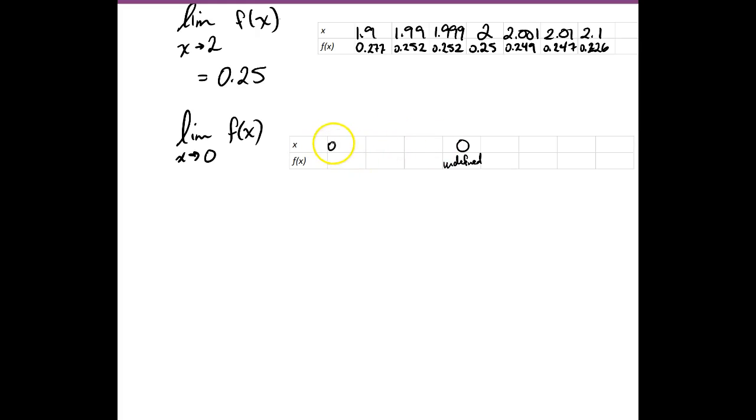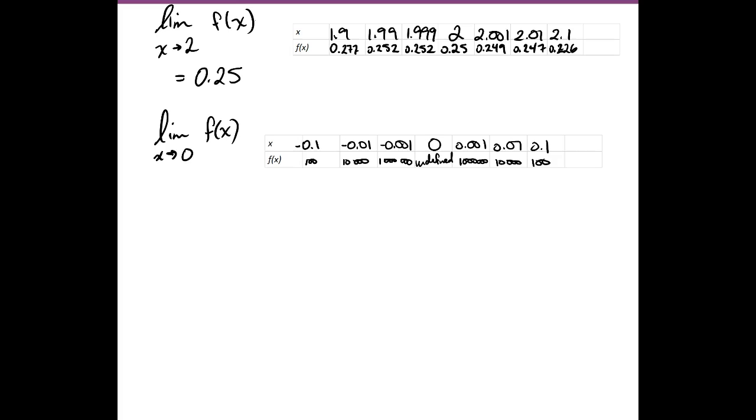So choosing something like negative 0.1, negative 0.01, negative 0.001, and then 0.001, 0.01, and 0.1 as my values. So again, getting infinitely closer to 0 on both ends of things. So I'm going to punch these into my calculator and see what I get.